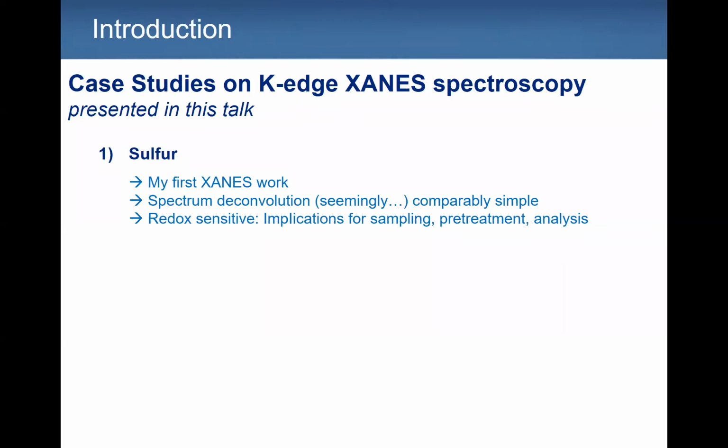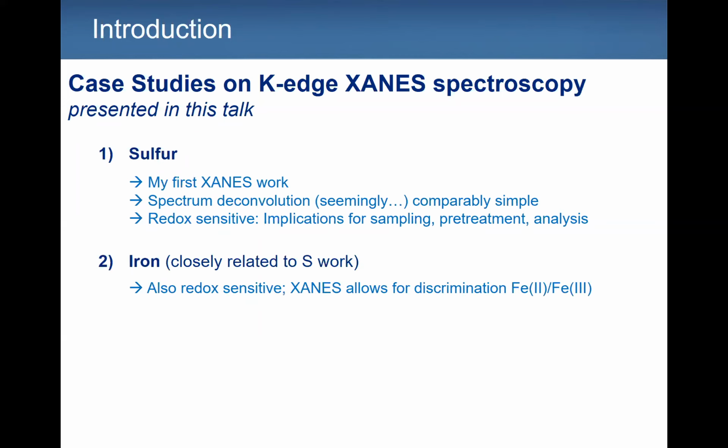I will start with sulfur, which was my first XANES work, and which is a comparably easy element because spectrum deconvolution is comparably simple. But it's redox sensitive, as I mentioned, so you have to be careful with sampling and sample pretreatment and analysis if you encounter soils where there could be reduced sulfur fractions available.